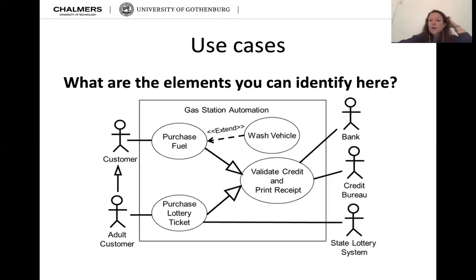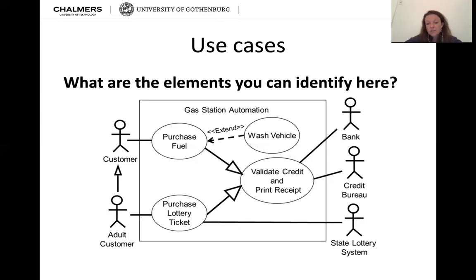You see how on the top from purchase fuel, there is an extend that goes to wash vehicle. So I can purchase the fuel and I can also, in addition to that, wash my vehicle. In the way how it's modeled here, I cannot go to that gas station and only wash my vehicle. It looks as if it is required that I purchase fuel for being able to wash my vehicle.